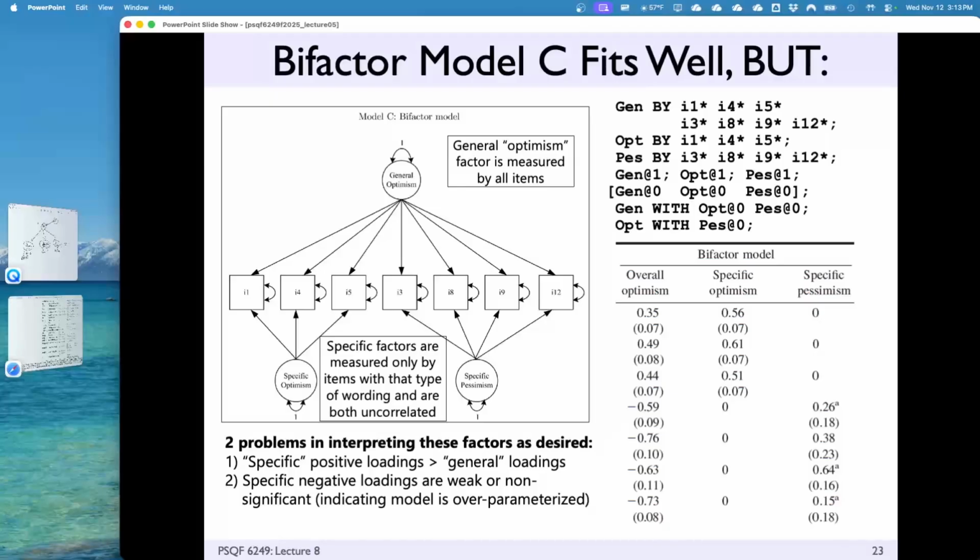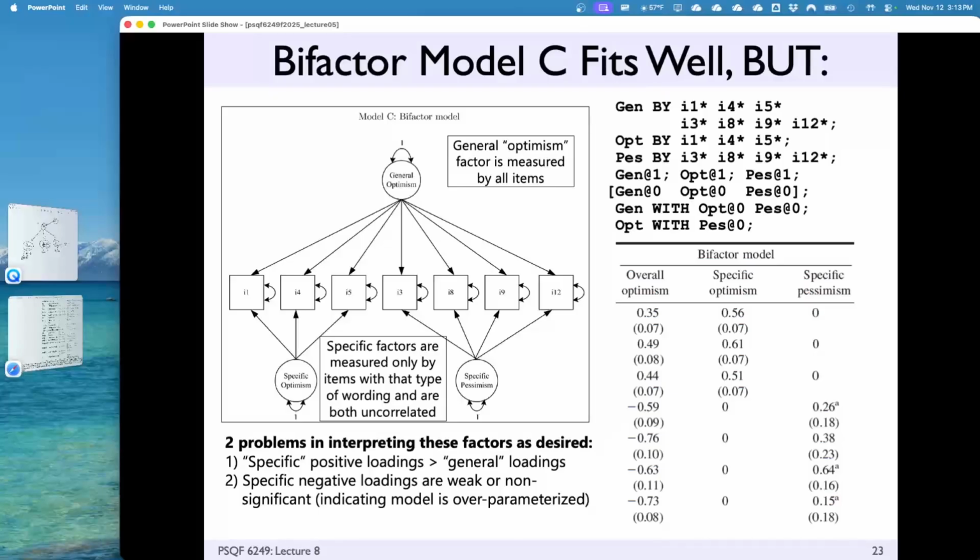Which means whatever's left over to give you the information for general is now controlled for specific. So bifactor models will fit data amazingly well. It's almost like saying the general factor is everything else that the specifics aren't picking up. Another way to put it is error due to a person somehow.